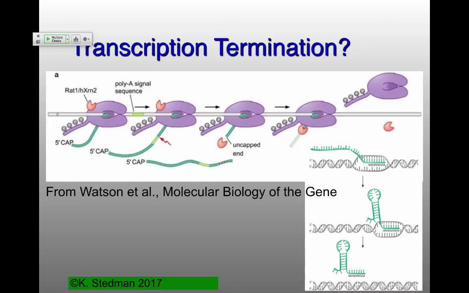Eukaryotic transcription is a little different. This termination seems to be dependent on the formation of a poly A tail. So you form the poly A tail on the messenger RNA, but it was an endonuclease stimulated by cleavage stimulation factor. So now we have a 5' phosphate.